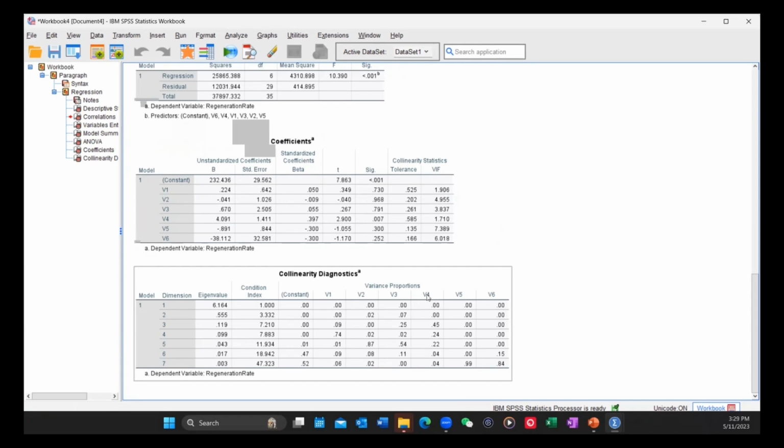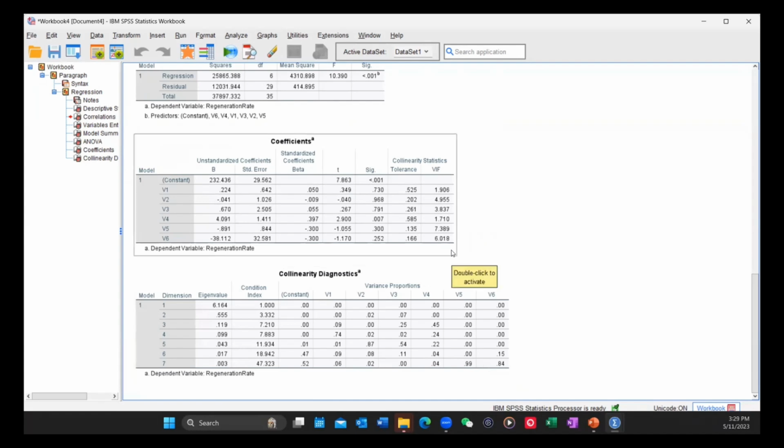But before we make any decision, let's go to the collinearity diagnostics table. We look at the conditional index, and there's one value that really gets our attention, and that is the conditional index for dimension 7, 47.3. This value is larger than 30, and so we definitely want to see the variance proportions for these variables. And we can see that the value for V5 is the largest, and the value for V6 is pretty big as well, larger than 0.8.